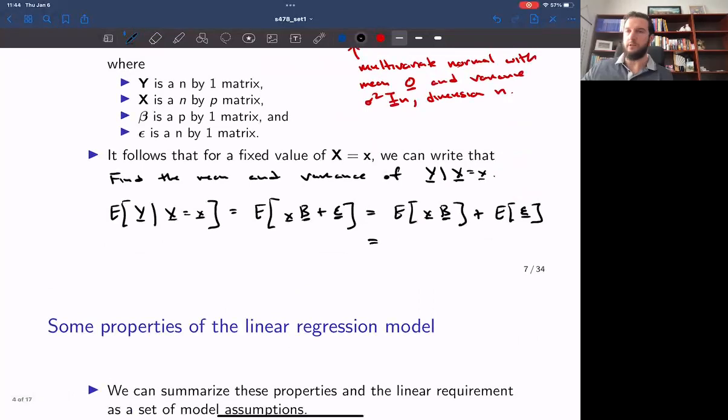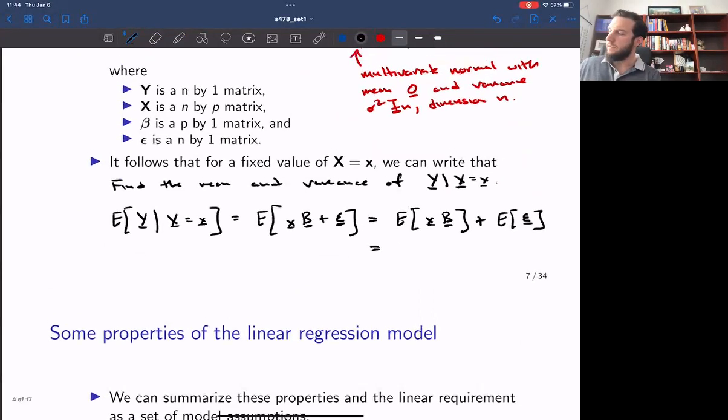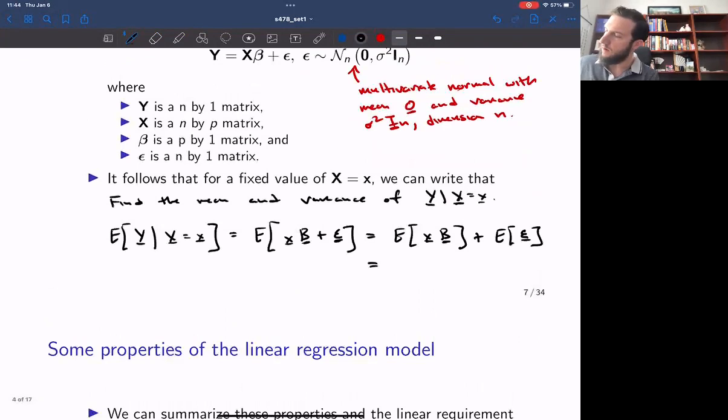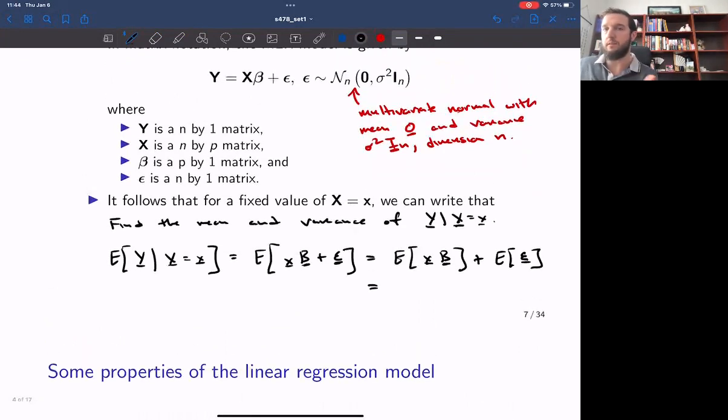And then x in this situation is a constant. Beta in this situation is also a constant. And then our epsilon term is normally distributed with mean 0 and variance sigma squared times I_n. So this is going to be simply x beta plus 0, because the expected value of a constant is equal to the constant, and the expected value of epsilon is the mean of its distribution, which is 0.